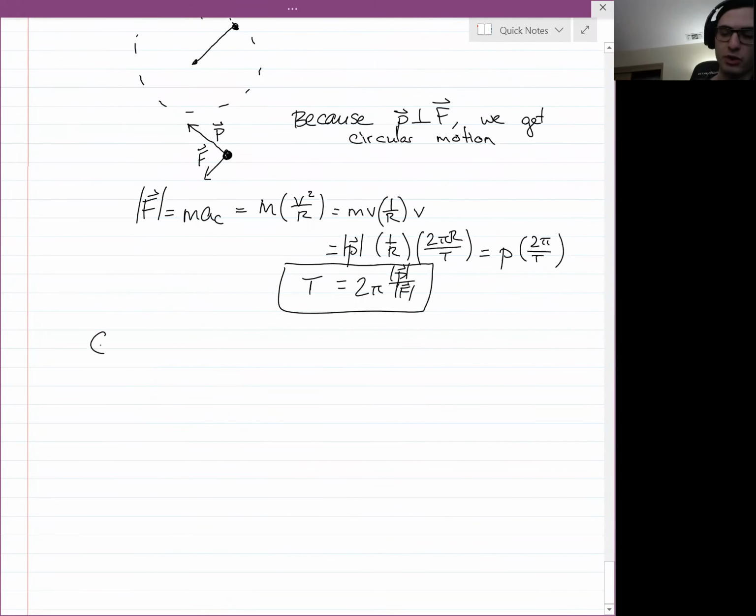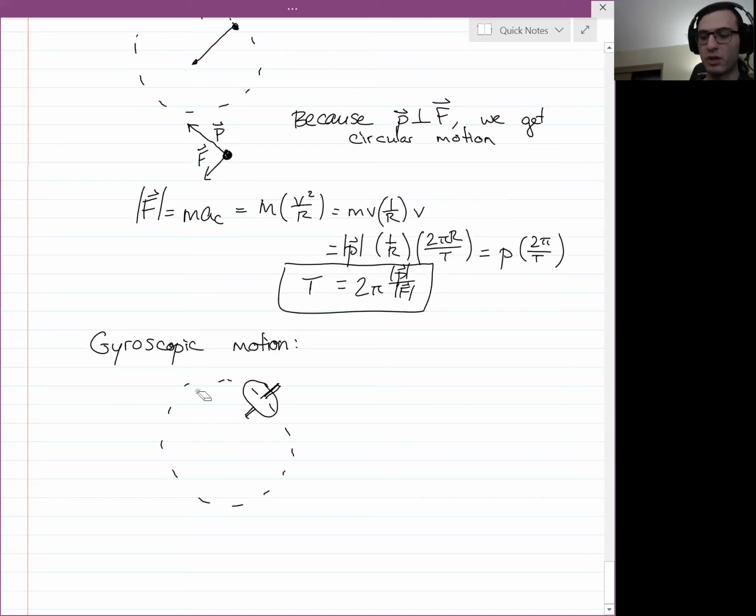So for gyroscopic motion, again, let's draw our dotted circle for the path traveled, and now we have our gyroscope with maybe the ends sticking in and out. Let me draw a smaller circle so that it's more realistic.